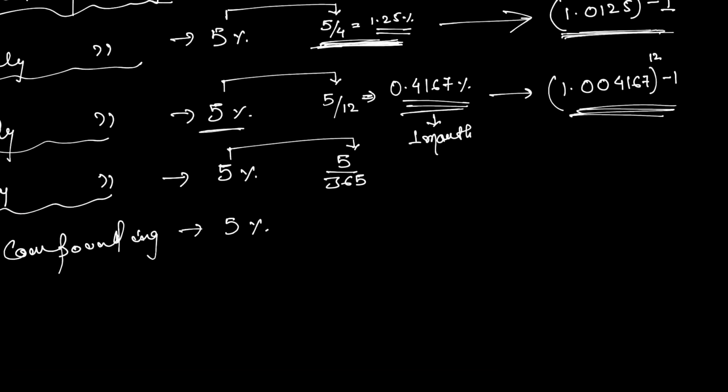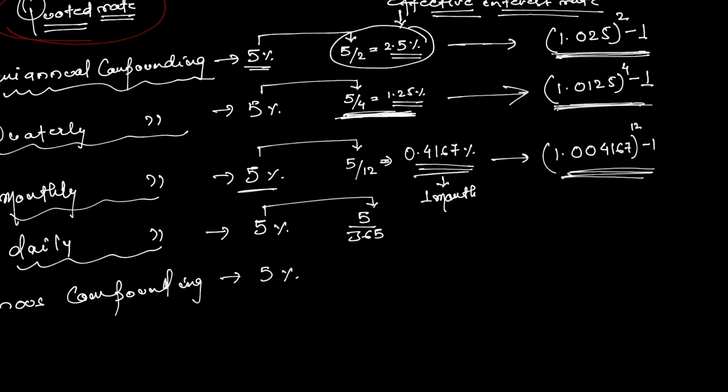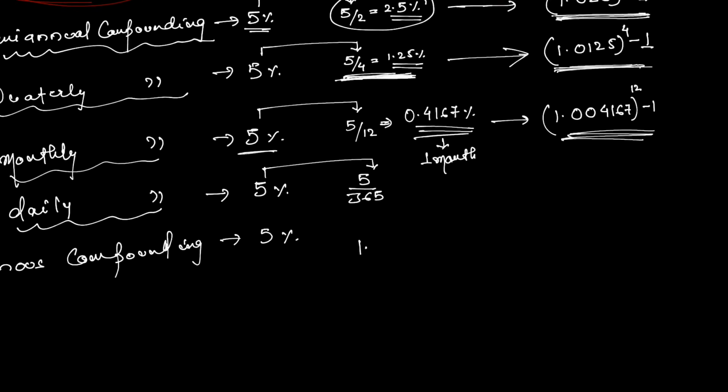Let's calculate. 1.025 raised to the power 2 minus 1 will give you the effective interest rate of 5.0625%. Now this is for the semi-annual compounding.